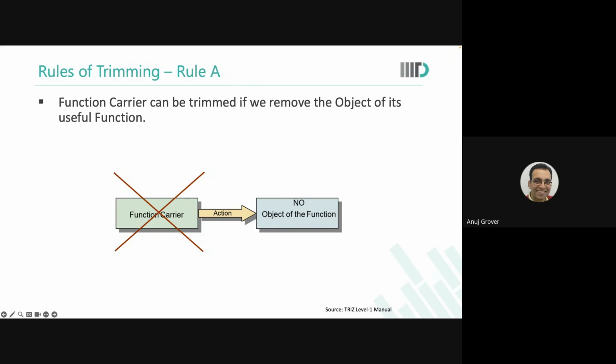If the object of the useful function doesn't exist, then you do not need the carrier also. You've kind of done away with the function altogether. Is this clear? If the object nahi hai, if there is no object of the function, then there is no action that this component is performing. Why have it there? Remove it.